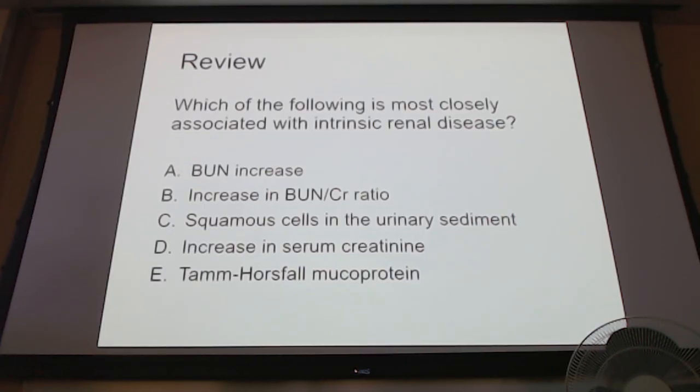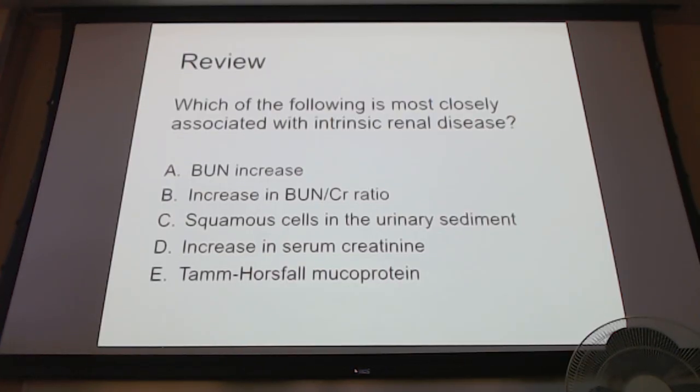What is Tamm-Horsfall mucoprotein? It sounds real. Also referred to as uromodulin. Remember at the very beginning of this block we talked about the fact that you can have detectable protein in urine, and that doesn't necessarily mean that there's something abnormal going on.